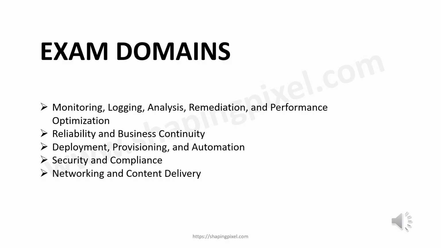Each domain tests your skills in areas like configuring metrics with Amazon CloudWatch, implementing backup strategies with AWS Backup, automating deployments using CloudFormation and the AWS Cloud Development Kit, managing security with AWS Identity and Access Management, and optimizing networking with Amazon CloudFront and Route 53.